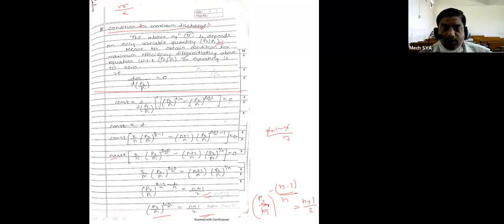So this will become P2 upon P1 raised to, if I cancel the minus sign, the right side becomes the reciprocal. Multiplying the minus sign with minus 1, it becomes (n minus 1) upon n is equal to 2 upon (n plus 1).